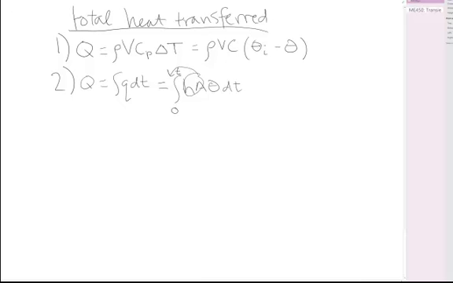And if you do the substitution for theta, what you eventually are going to get to is that Q equals rho VC theta I times 1 minus e to the negative t over tau. Okay, that's just the basic integral of an exponential, which I'm trusting that you're able to do. If you want to go and derive it for yourself, you are more than welcome to. But this equation and this equation turn out to be the exact same thing, which is kind of good to know.